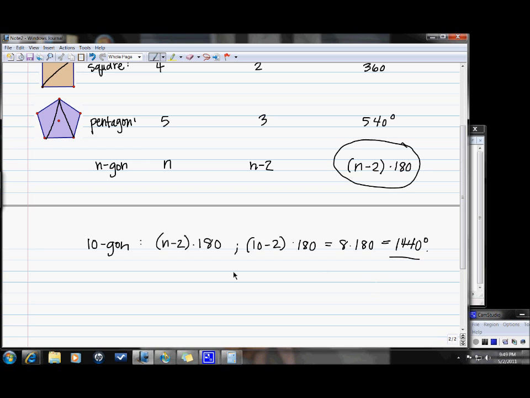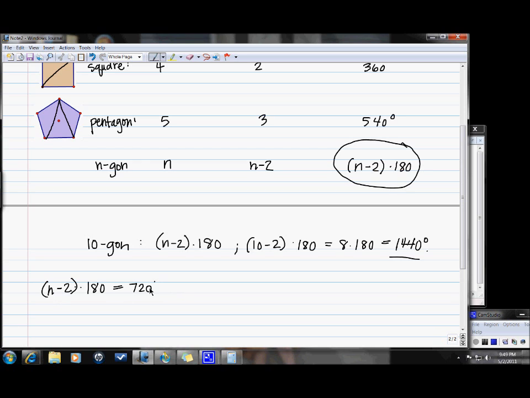If we know that n minus 2 times 180 is our formula for the sum, say I told you that the sum of the interior angles was 720. I want you to tell me how many sides, or what n is of this polygon. How many sides does this polygon have?